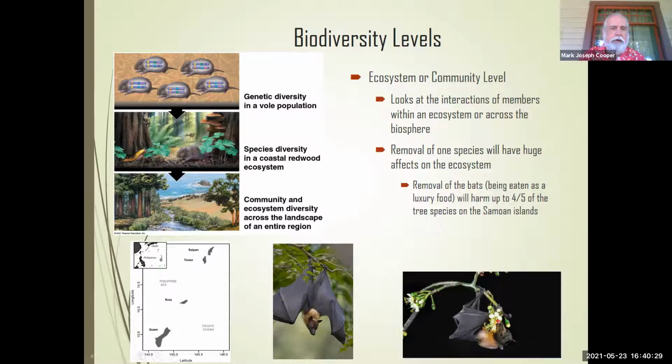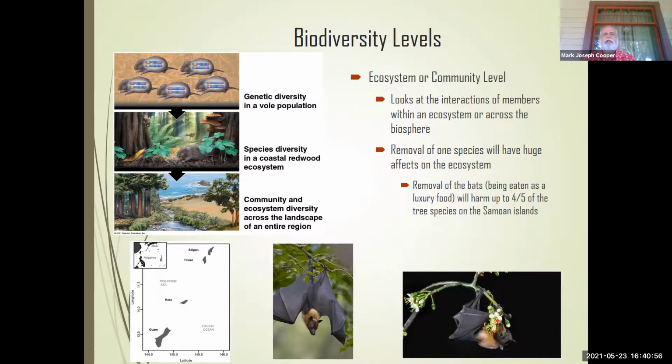You can see they're Guam and Saipan, some of the islands that they're found on. And what's happening is we believe that 4/5 of all the trees in the Samoan Islands actually use these guys as pollinators. So as these things disappear, we have a feeling that the diversity on these islands is also going to take a huge hit.